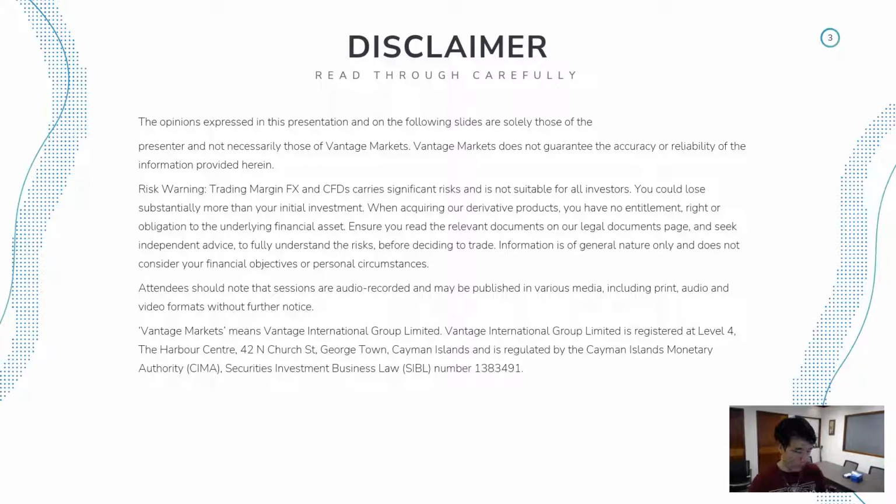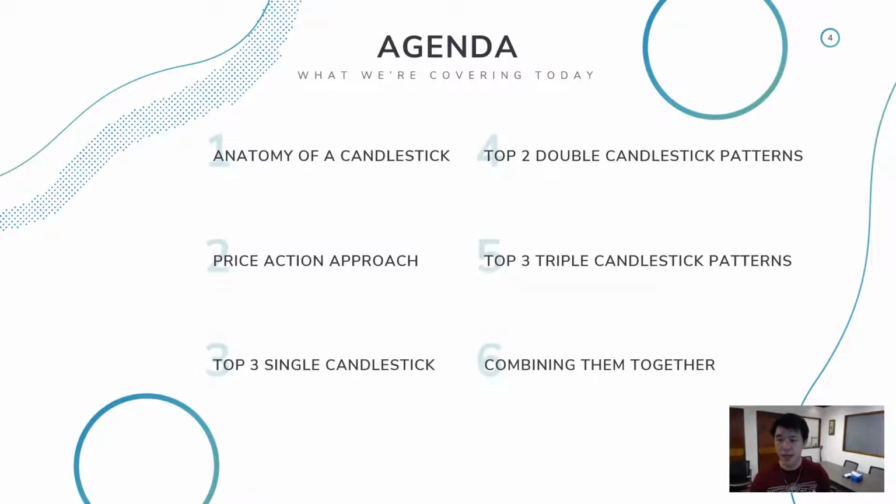The agenda for today, really quickly, a few of the things we are going to touch on. Firstly, I'm going to cover the anatomy of a candlestick. I'm just going to break down the candlestick so that we are all on the same page on what a candlestick means. Then I'll be passing the time to Viko, where she'll be touching on two things.